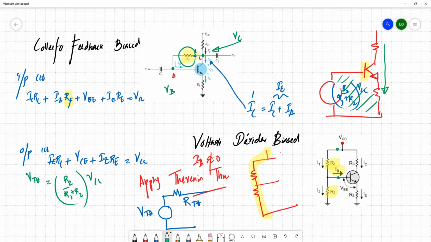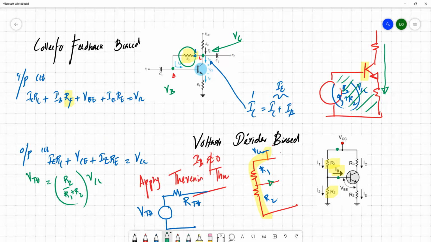Then there won't be any current flow to this branch, so you can simply apply the divider here. This is R1, this is R2, and this is VCC. You get the Thevenin equivalent voltage.